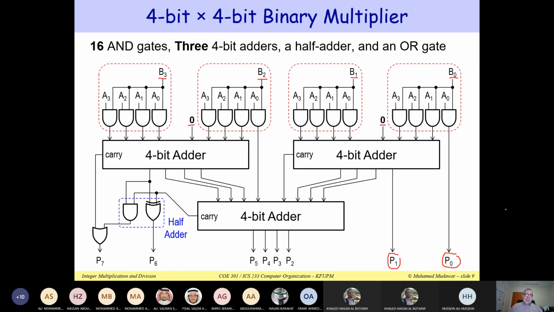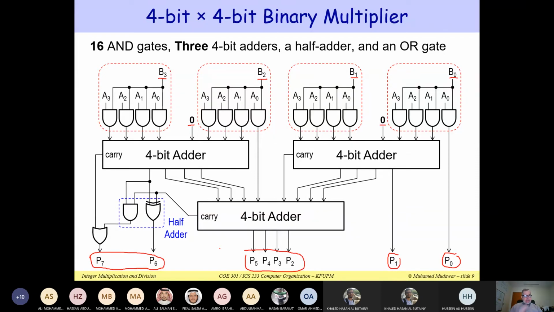You get these partial sums, and then you add them to get the final product. So here we get P2 through P5, which is produced by this 4-bit adder. Notice how we propagate the carries. I still need a half adder and an OR gate to produce the most significant 2 bits of the product. So this is my 4x4 binary multiplier that will produce an 8-bit product.